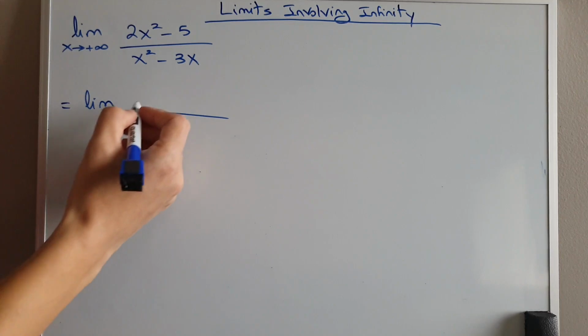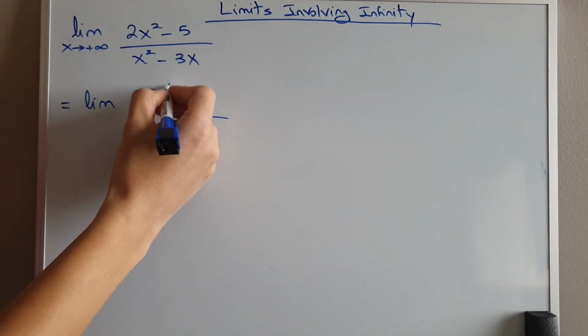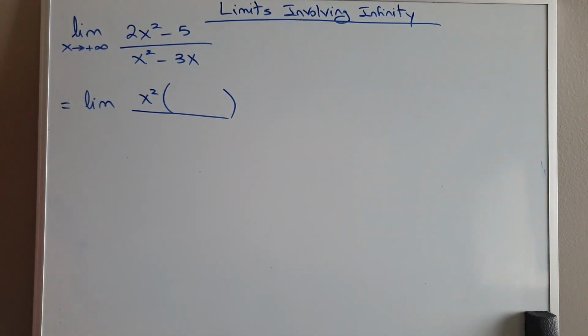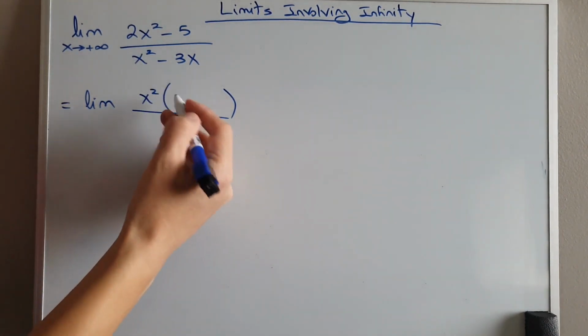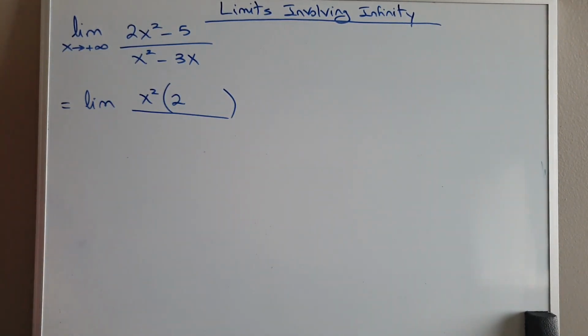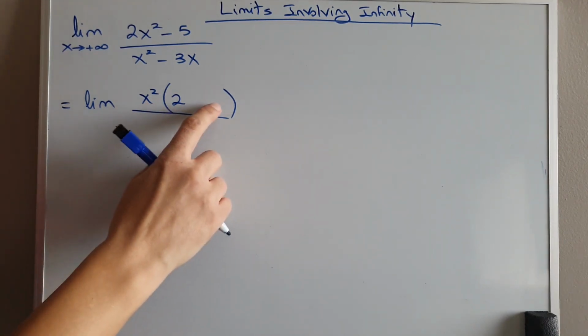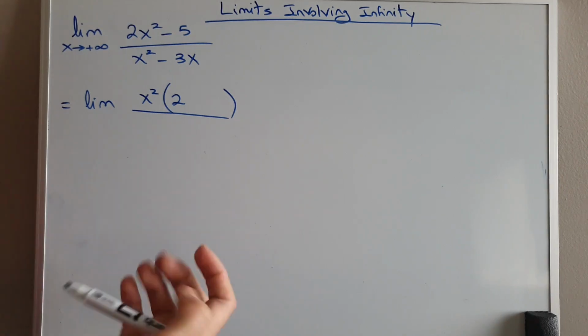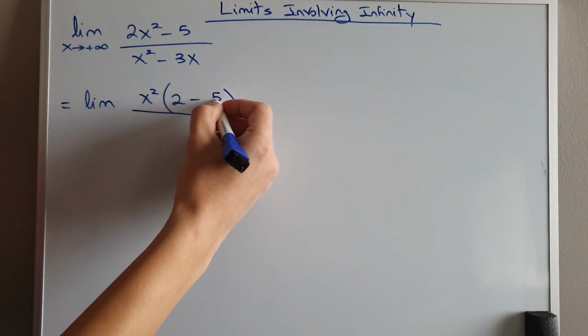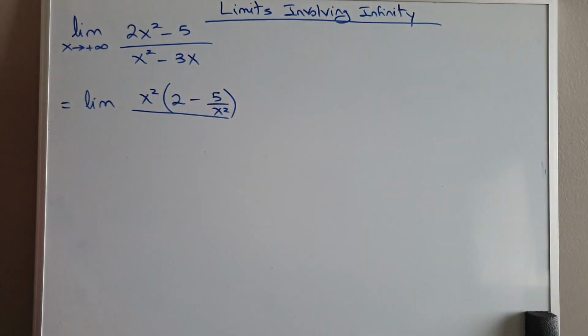I only have that. I'm going to factor the x squared out. So x squared times something to give me 2. 2x squared, so I need a 2. X squared times something to give me negative 5. So I have this extra x squared. This way, when I actually multiply out, the x squared will cancel.